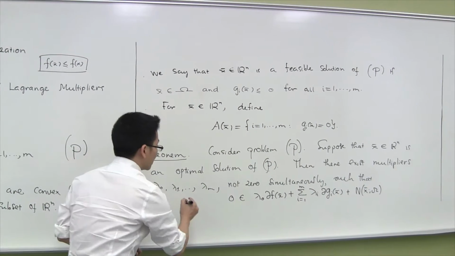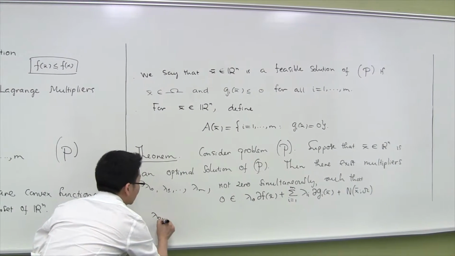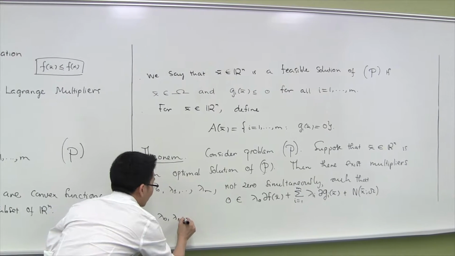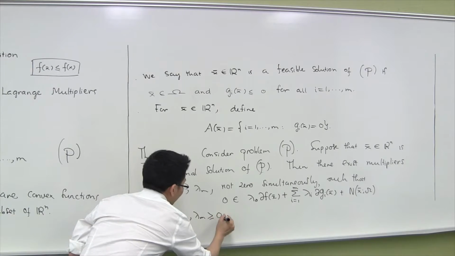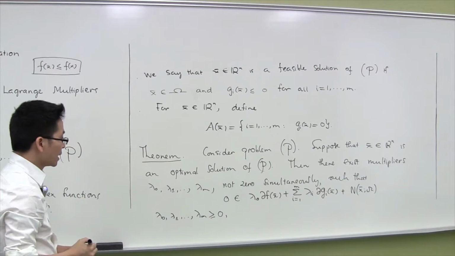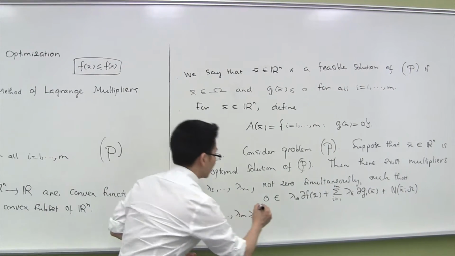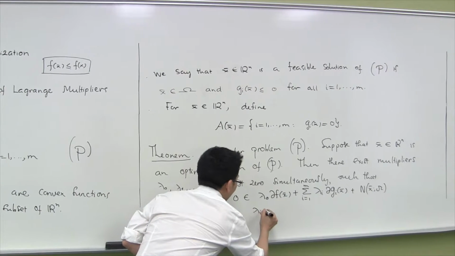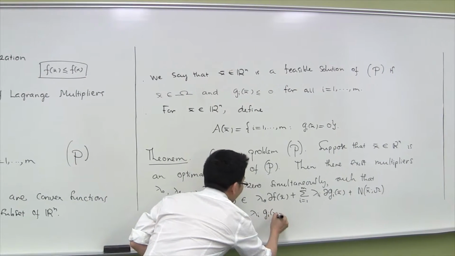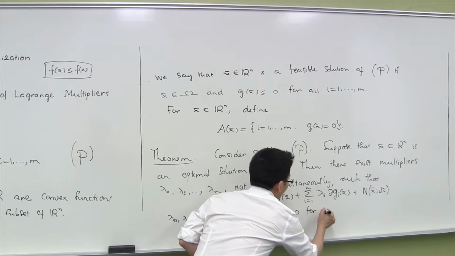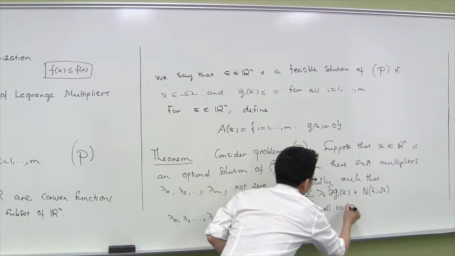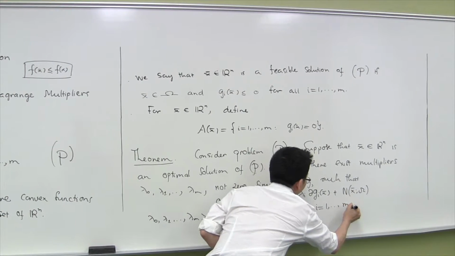And over here, lambda naught, lambda 1 up to lambda m are all non-negative. And at the same time, lambda i times gi of x bar is equal to 0 for all i from 1 to m.